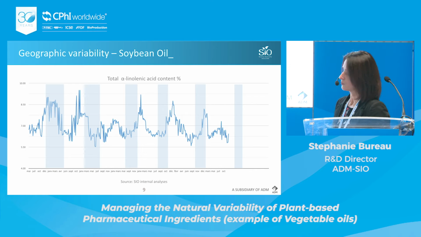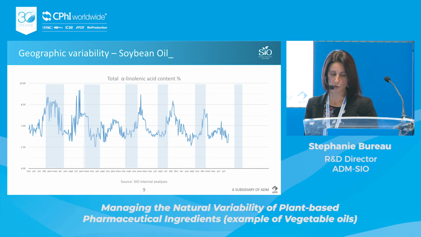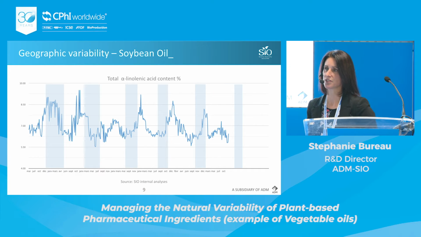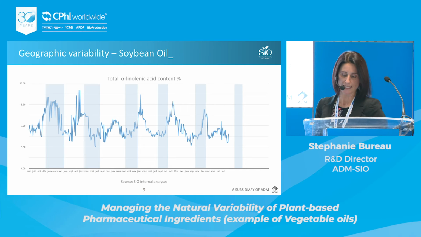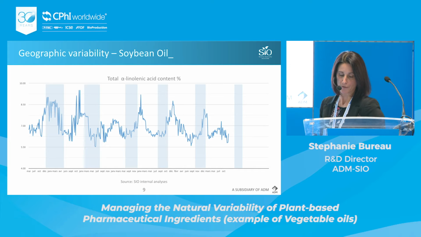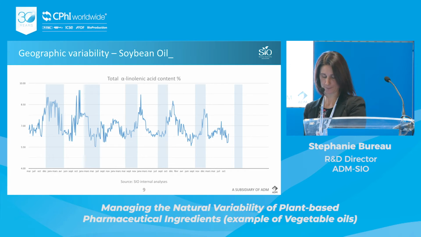From October to April, the soybean oil is sourced from crops grown in the North Hemisphere, so it's represented in light blue. And oil coming from this area has a higher content in alpha-linolenic acid, with an average around 7.5, compared to soybean oil sourced from crops grown in the South Hemisphere, for which the average content is 1 point less, around 6.5.